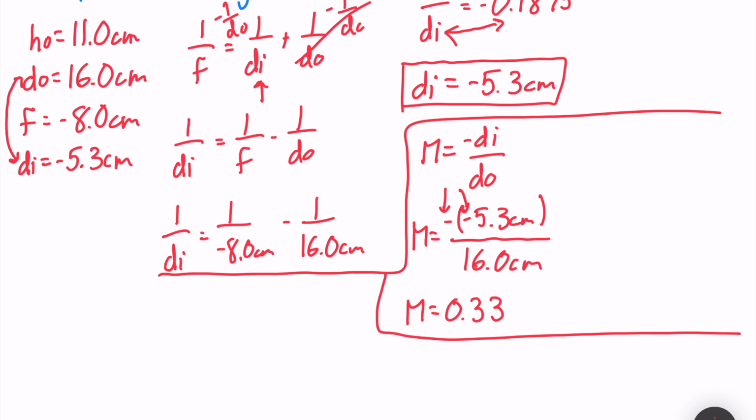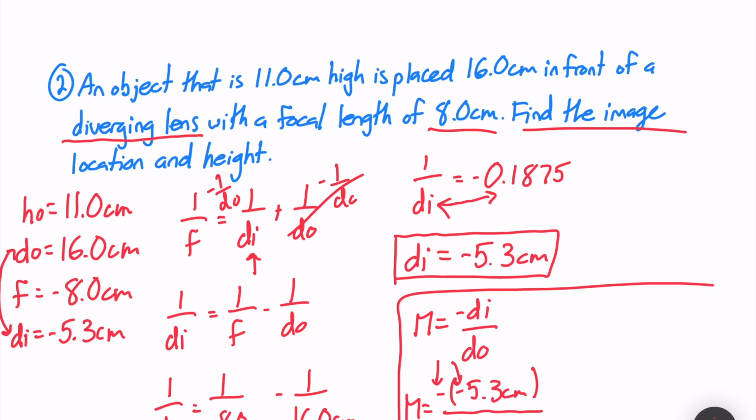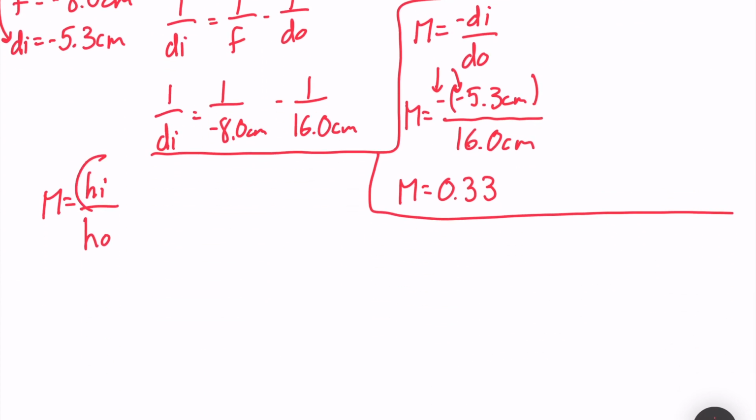And finally, we have one more formula to use. It's our other magnification formula. So we have magnification equals hi over ho. Remember, we are finding the image location and height. So we're trying to find the height right now. So we're trying to isolate hi. We'll multiply ho up.